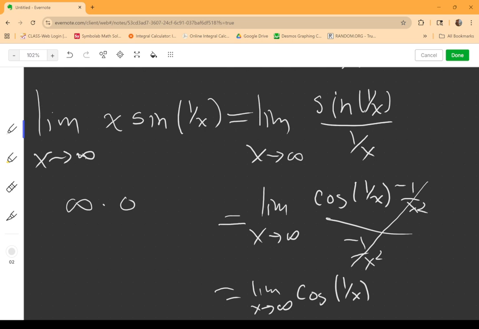L'Hopital's rule no longer applies, but I don't need it. As x goes to infinity, that value is going to 0, and cosine of 0 is indeed just 1. And that's how we use L'Hopital's rule for products that are of the type infinity times 0.